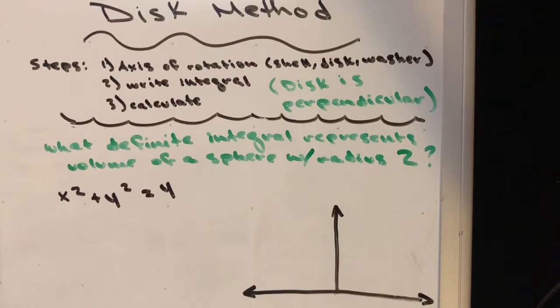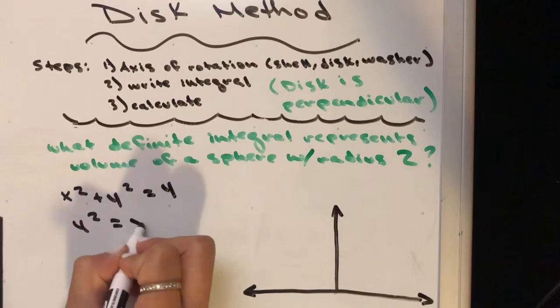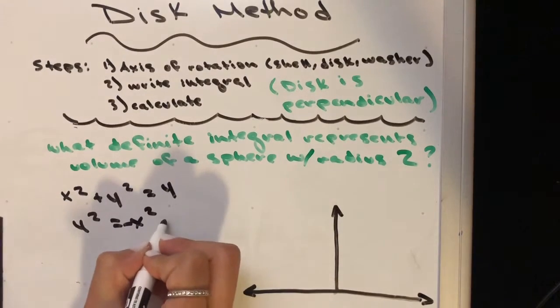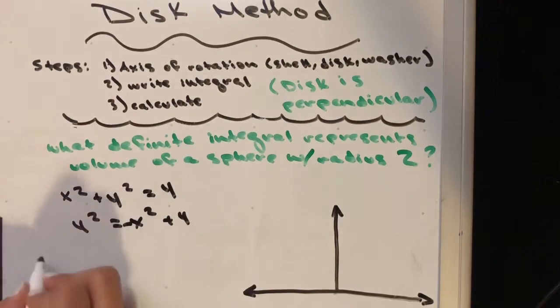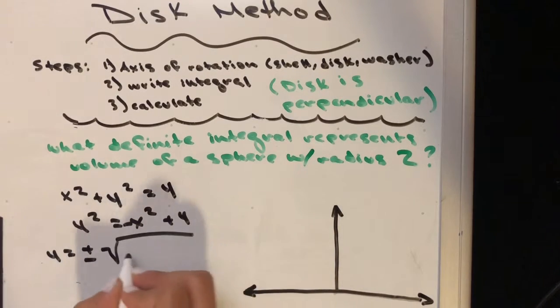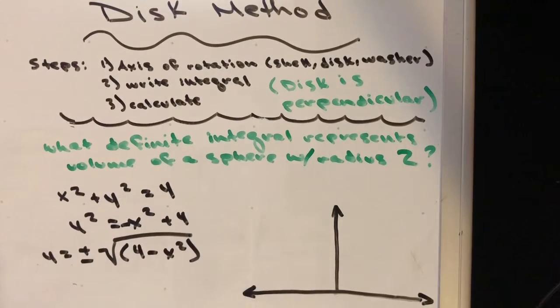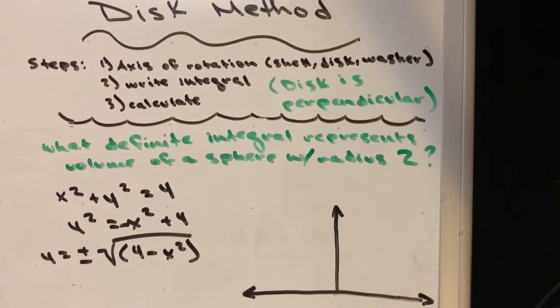So the next thing that we're going to do is solve for y, so y squared equals negative x squared plus 4, and then y would equal the positive or negative square root of 4 minus x squared. Okay, so the next step is I graphed it.